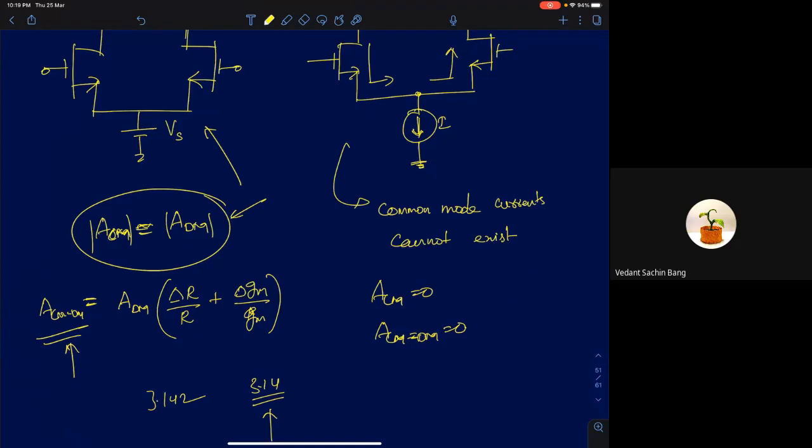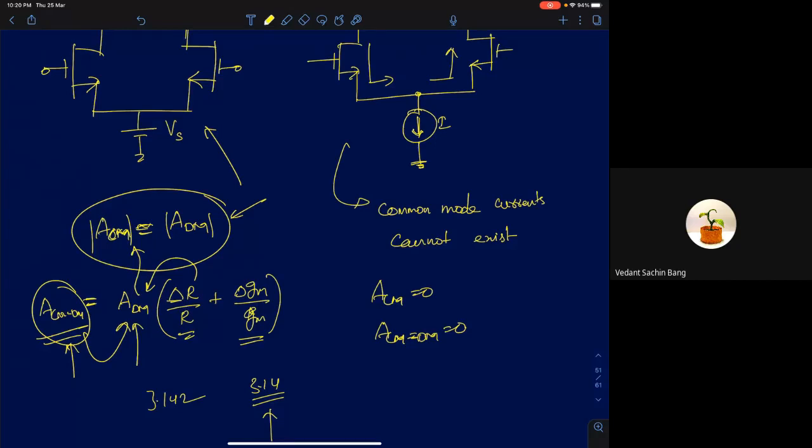ACM-DM will be approximately, for this voltage bias circuit, very close to the differential mode gain times delta R by R into delta GM by GM. So the fractional error in the resistor gets multiplied by this value. If your differential mode gain is very high, you want to design it for a very high differential gain, then that will naturally ensure that your ACM-DM will also be very high for a given mismatch.